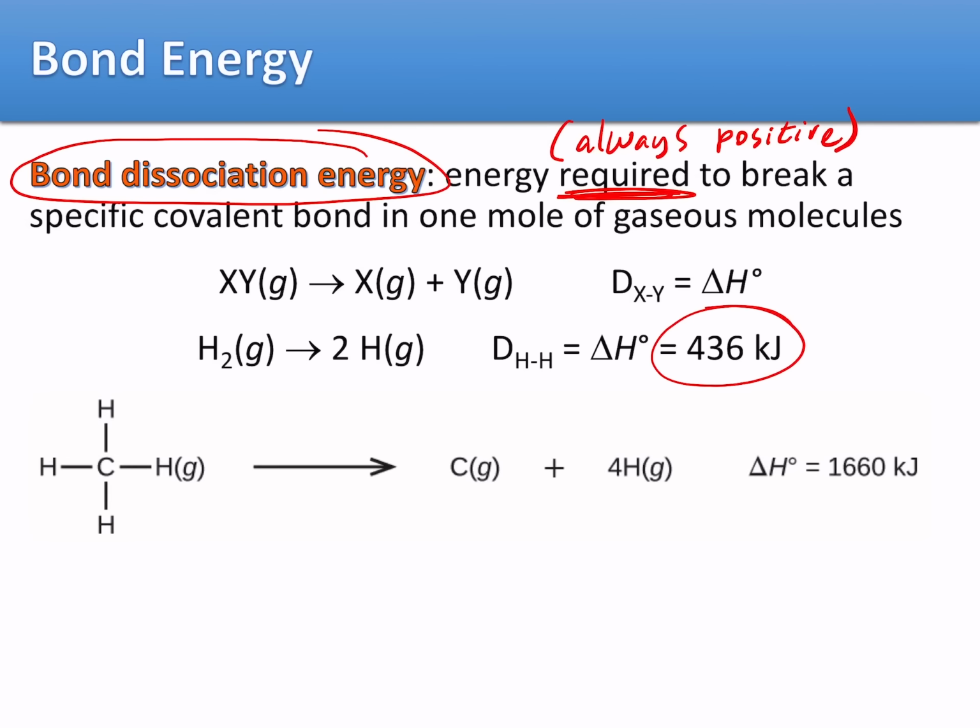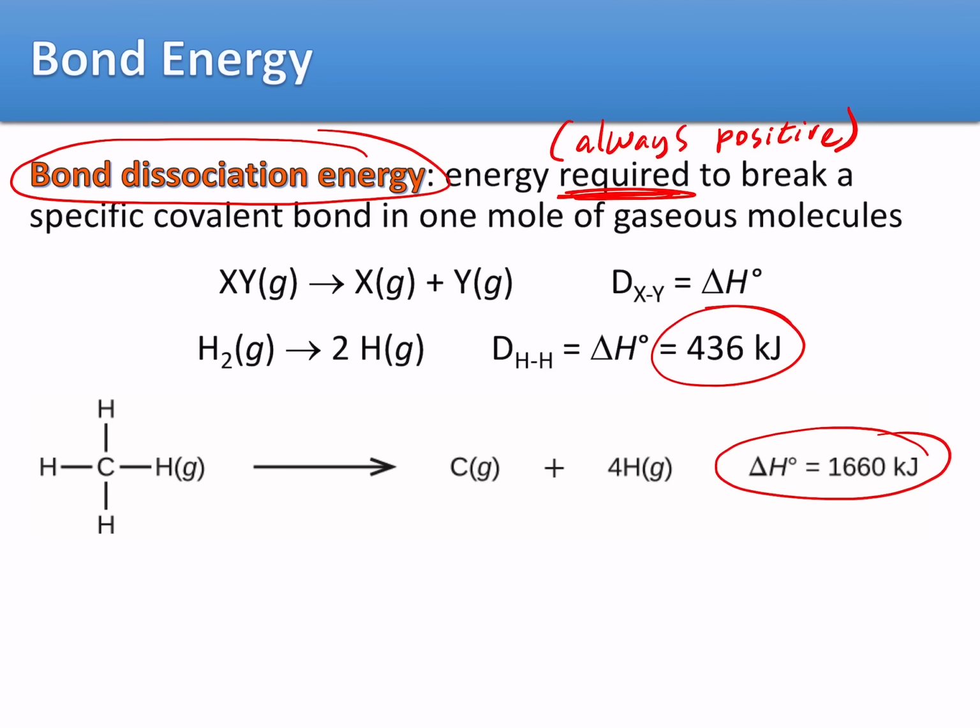Now, if you look at this molecule, the methane molecule, and you're breaking it into the carbon atom and the 4 hydrogen atoms, the total energy that you need is 1660 kilojoules. But the thing to keep in mind is that you are not breaking just one single bond.